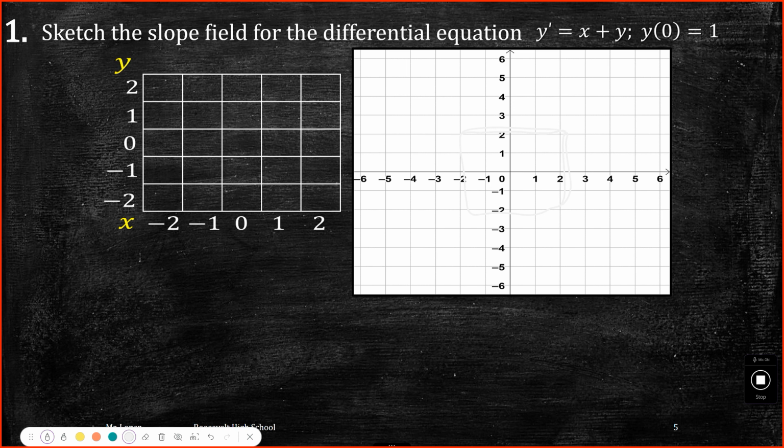Quickly, let's go here. What's the answer to x is negative 2, y is 2? What's y prime for x is negative 2, y is 2?